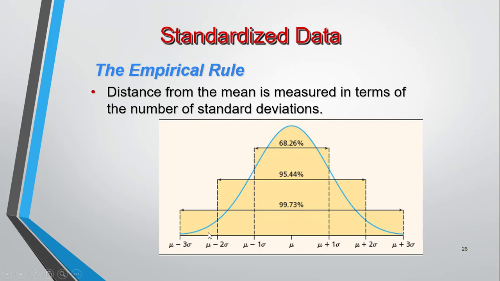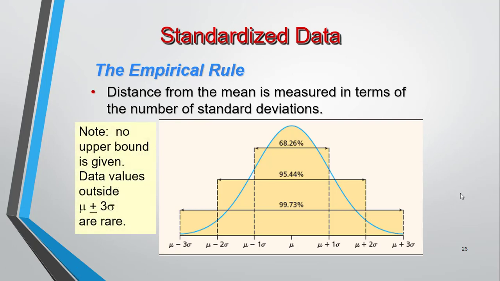In other words, 99.73% of people will have their heights between plus 3 sigma and minus 3 sigma. Of course, there are still people who are taller and shorter than this, but not many. It's probably less than 0.3%.